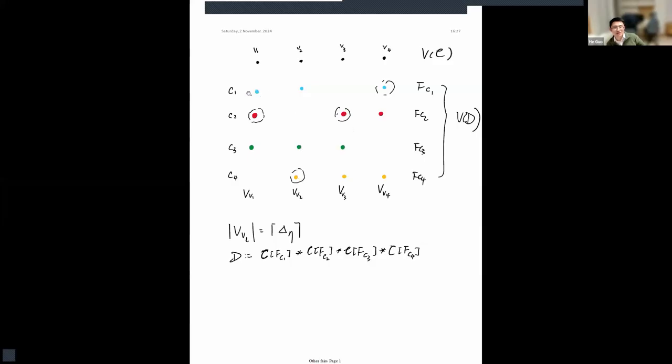So assume v1 receives the color c1, which is in the list of v1, then we make a copy of v1 here, and a copy here, in the c1 layer, and so on and so forth.